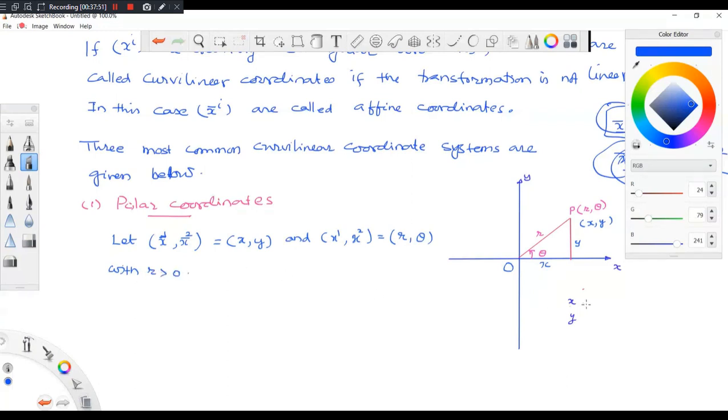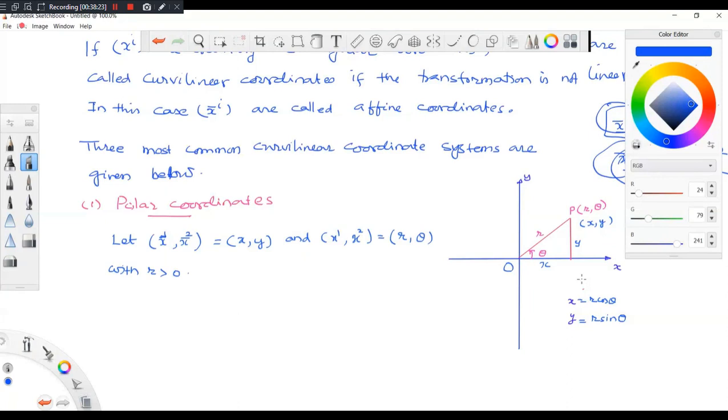Then you know that you have studied x is equal to r cos theta and y is equal to r sin theta. So this is a curvilinear coordinate system transformation. What is the reason? r is there, theta is there, a multiplication is there, so this transformation is not linear. That is why this is a curvilinear coordinate system. So we have 5 more minutes.